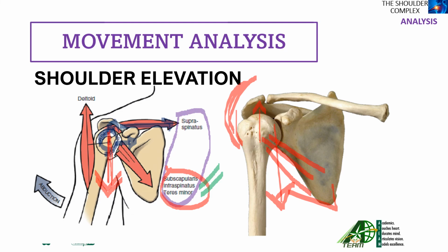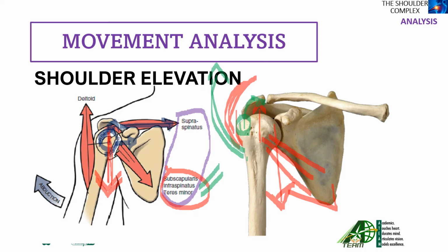So during shoulder elevation, there should be external rotation of the glenohumeral joint. Why? Because if the glenohumeral joint, so let's use this picture, okay, please look at here. If the glenohumeral joint abducts without externally rotating, look at this one. This is your greater tubercle. If it abducts, it will hit the acromion process.